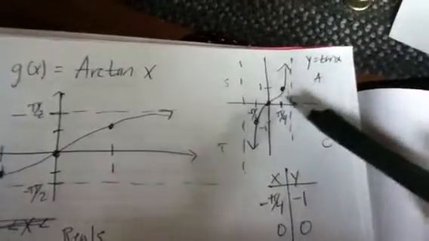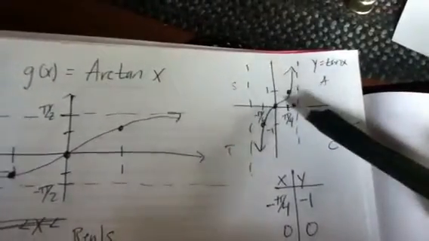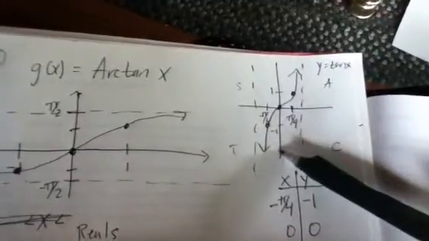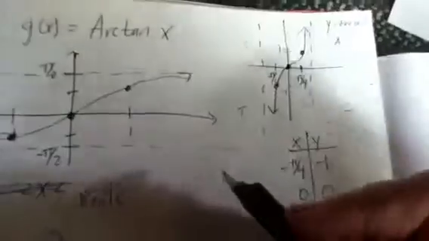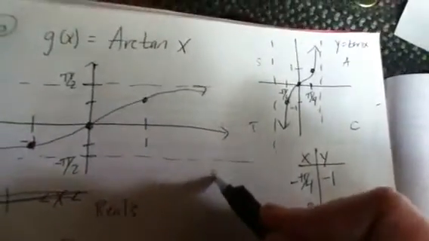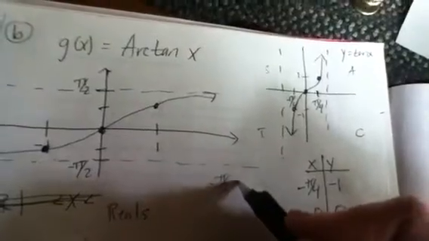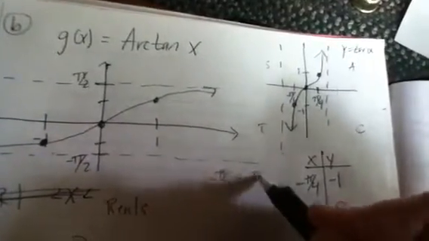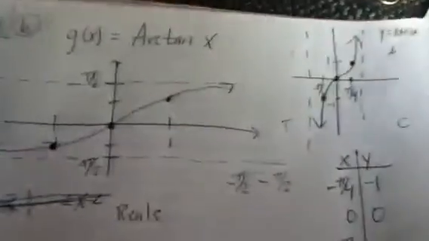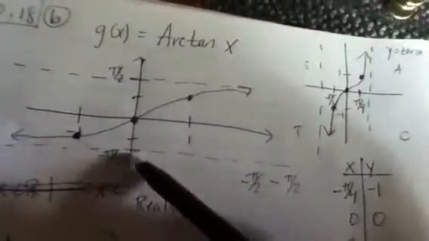As far as angle measures, that's pi over 2, and that's negative pi over 2. So I'm trying to restrict my domain between negative pi over 2 and positive pi over 2. So when I draw my graph, I only need to draw that part of it.